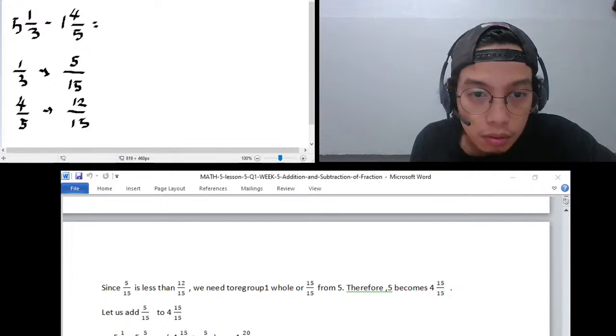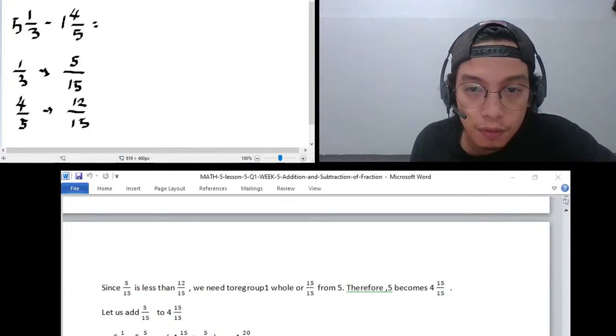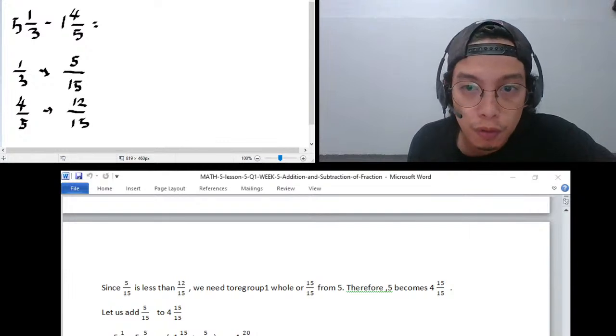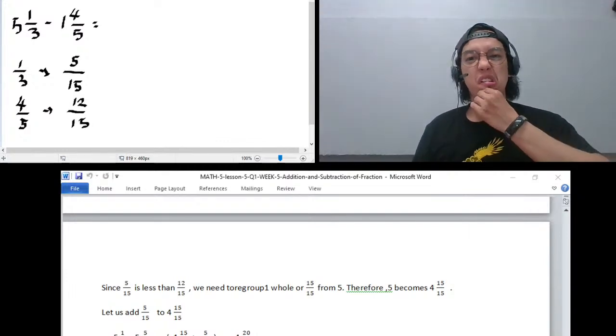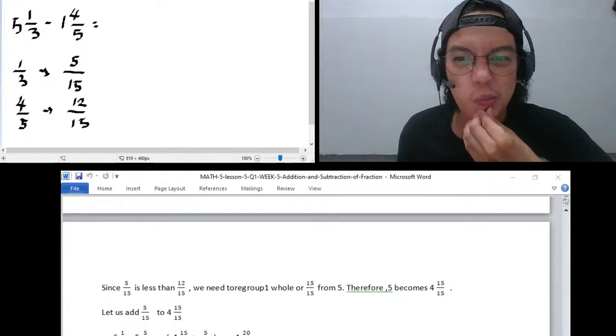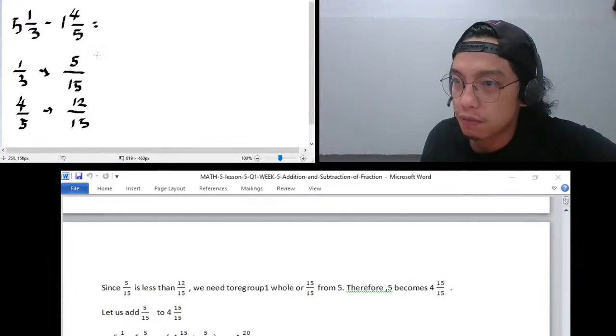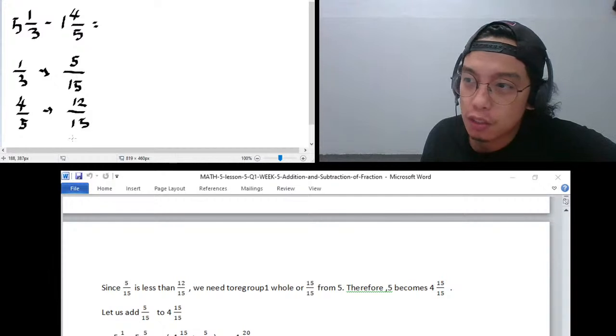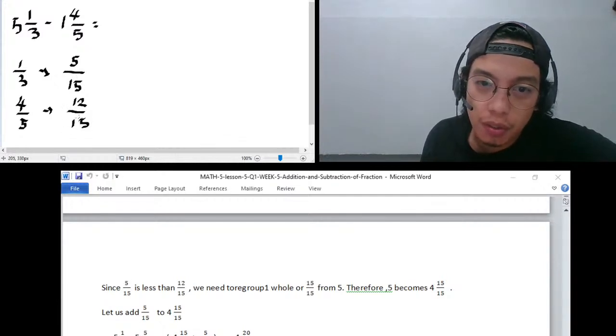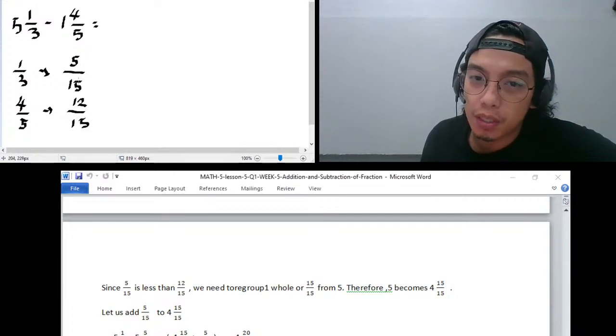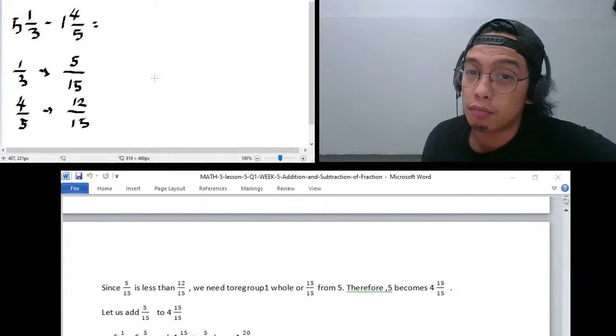So let's add 5/15 to 4 and 15/15. I don't understand the resolution. I don't understand.